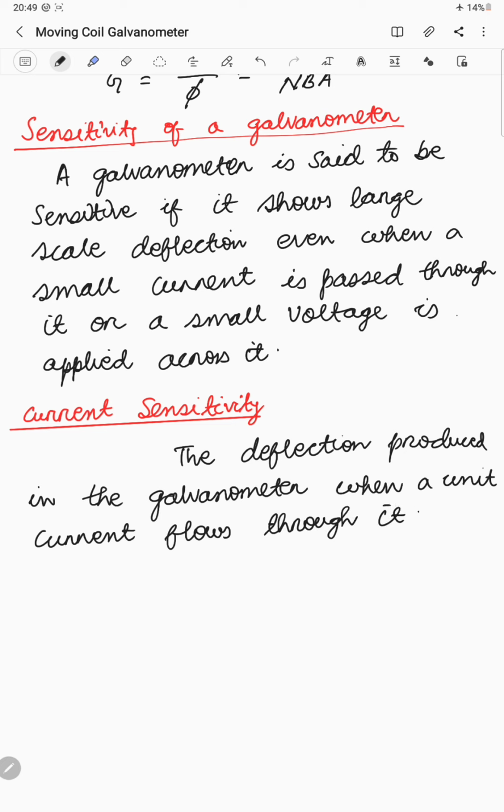Your current sensitivity is denoted by IS, which is equal to phi by I, and this will be equal to NBA by K. So this is the expression. Clear? Then comes your voltage sensitivity. We'll discuss voltage sensitivity.